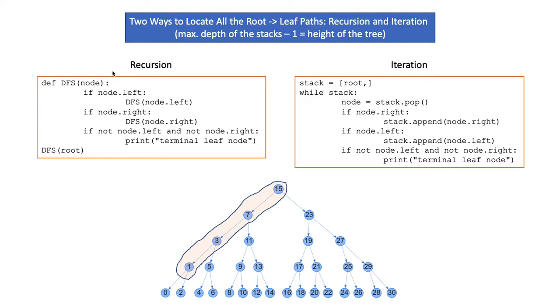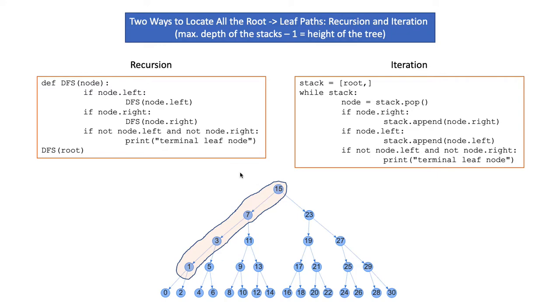On the left-hand side, we have the code using recursion. It has the DFS, depth first search, function called itself recursively by visiting the left subtree first, followed by visiting the right subtree until the terminal leaf node.